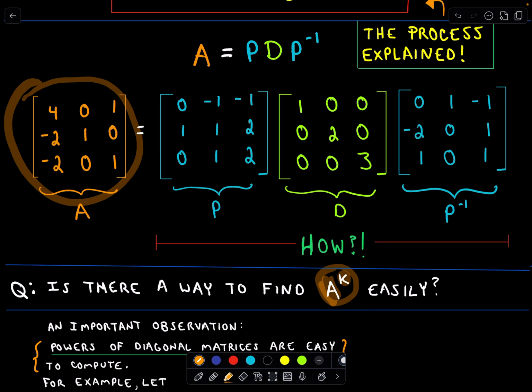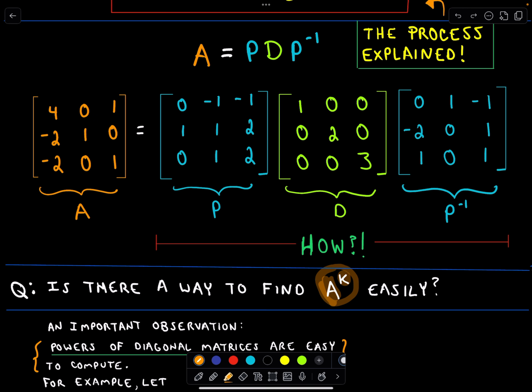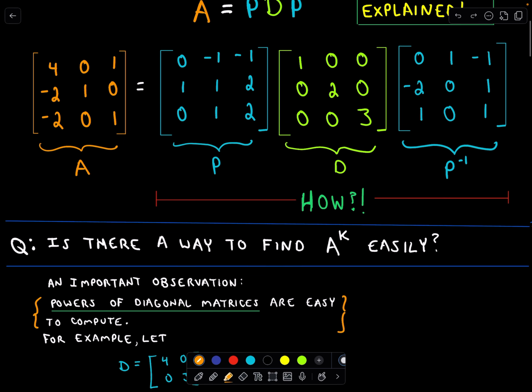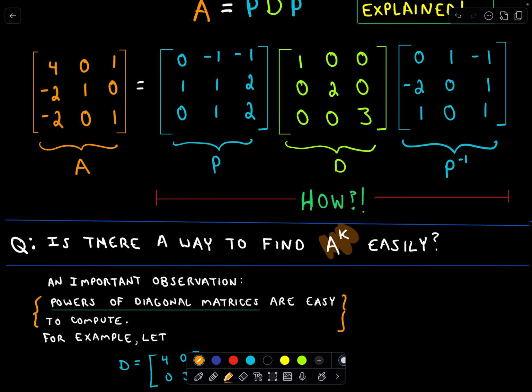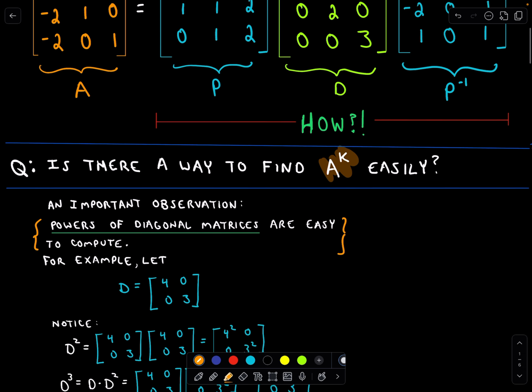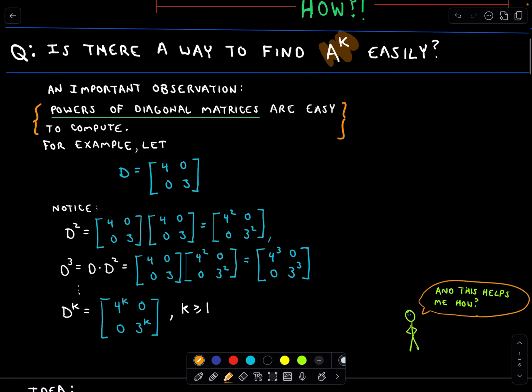It can be time-consuming. So we're trying to figure out a clever, faster way to do this. That's the whole point. We want to take that matrix A and raise it to a power quickly. And to do this, it's going to hinge on an observation about that diagonal matrix D.